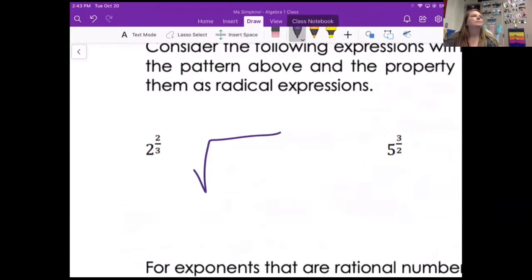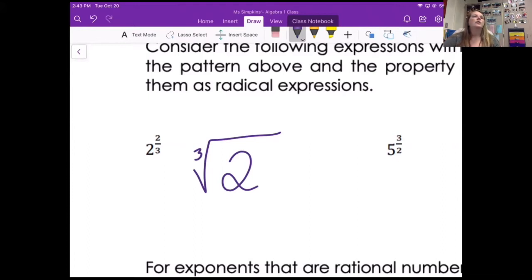The big 2, the base number, is going to go inside that radical. The denominator of your fraction is going to be which root you're taking. So in this case, we're taking a third root. So we're going to put a little baby 3 right outside that root.